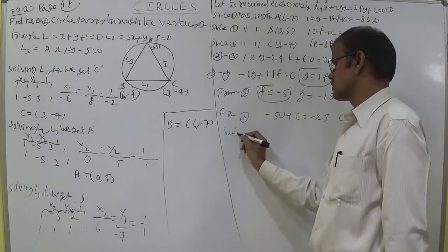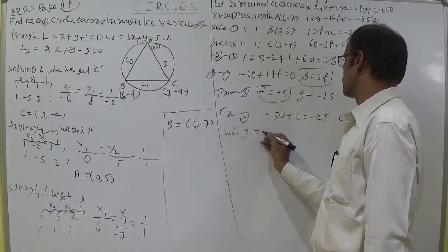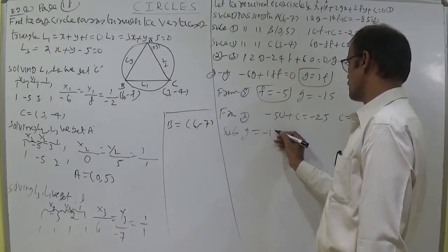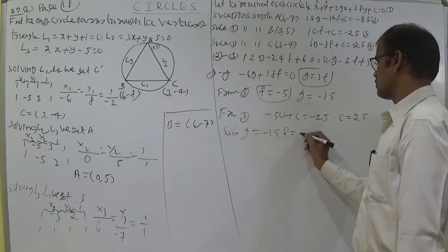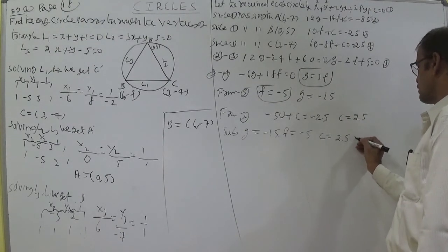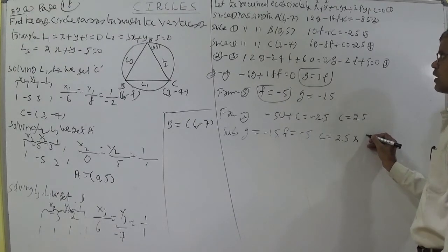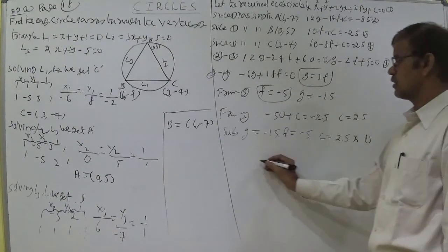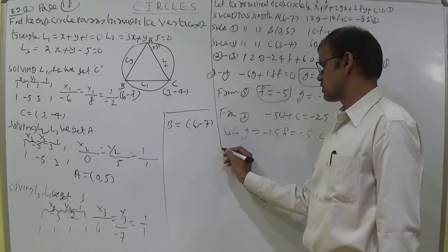Now I am writing, substituting G is equal to minus 15, F is equal to minus 5 and C is equal to 25 in 1. We obtain required equation of circle.